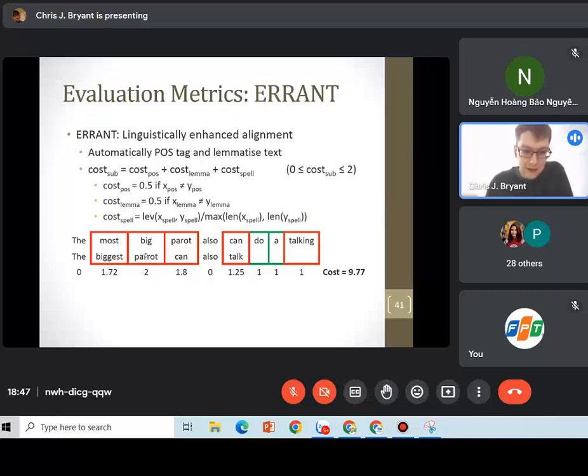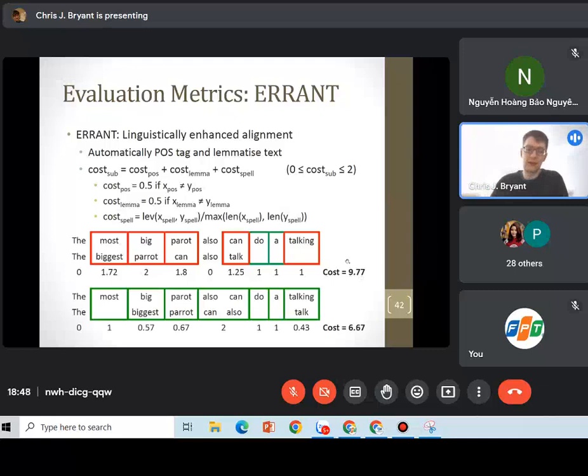In terms of big to parrot, again, part of speech are different, lemmas are different, no characters in common, maximum cost of 2. Whereas if we look at can talk at the end, now both of them are verbs, so it's cheaper, but the lemmas are different and the characters are different, they only share an A. So effectively, this is how we get the different scores, and that ultimately gives us a cost of 9.77.